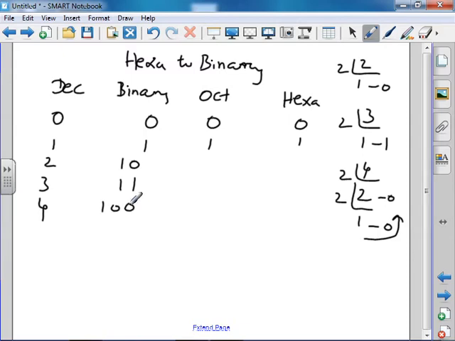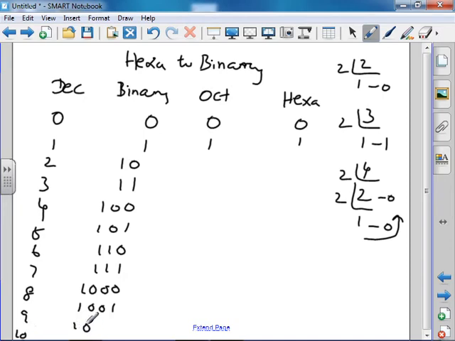Thus you can write the following numbers: 5 is 1 0 1, 6 is 1 1 0, 7 is 1 1 1, 8 is 1 0 0 0, 9 is 1 0 0 1, 10 is 1 0 1 0.